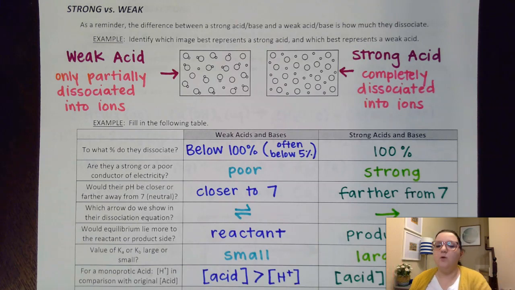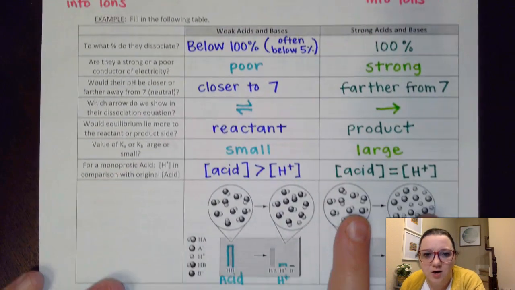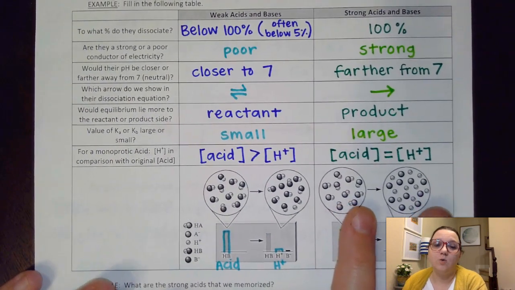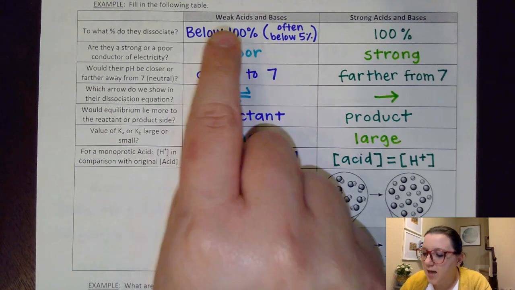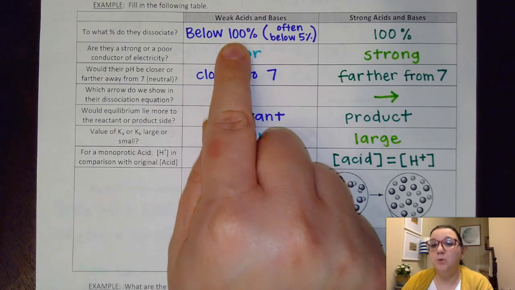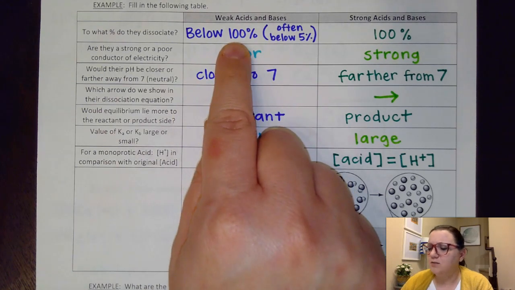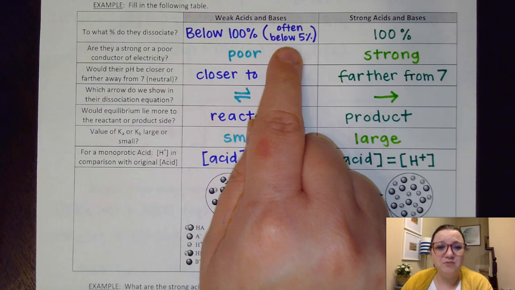Now, we have below a table that compares our weak and strong categories. So let's go through these different traits. The first thing it asks is to what percent do they dissociate? To what percent do they split up into ions? For a weak acid and base, that percentage is going to be below 100, and often it's below 5%.